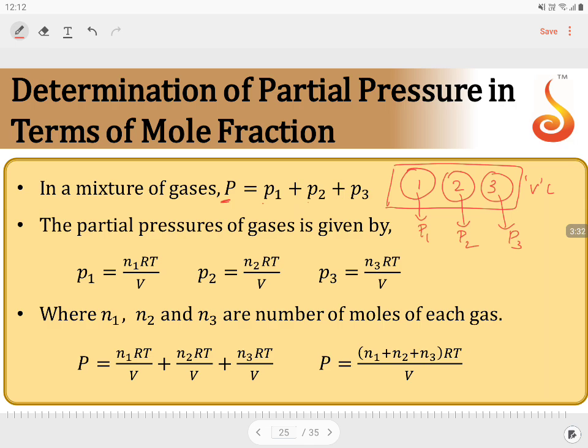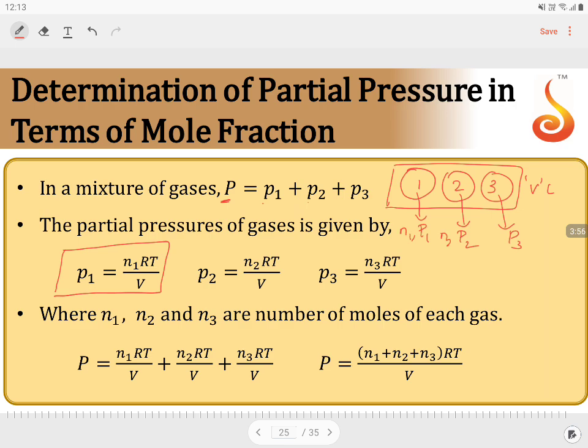The partial pressures of gases is given by, according to ideal gas equation or combined gas equation, PV is equal to nRT. I can say P1 is equal to N1, because gas 1 will have N1 number of moles, N1 into RT by V. Corresponding to P1, N1 number of moles are there.